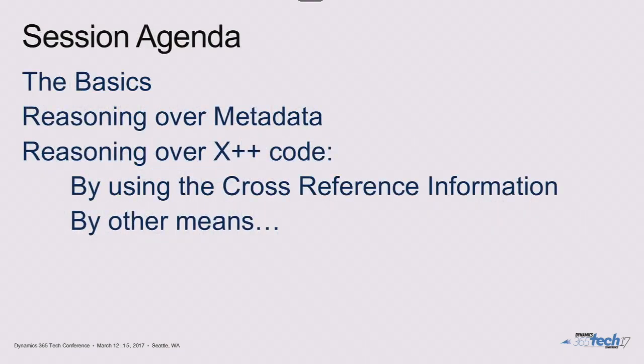So we're going to go over the basics. We're going to talk about reasoning over metadata, and then we're going to dig into the X++ code reasoning, what that means. We'll be talking about some different ways that you can leverage cross-reference information. And then we have some surprise material that is the most important thing that we're going to talk about. It's going to be an aha moment for you. It's going to be an epiphany.